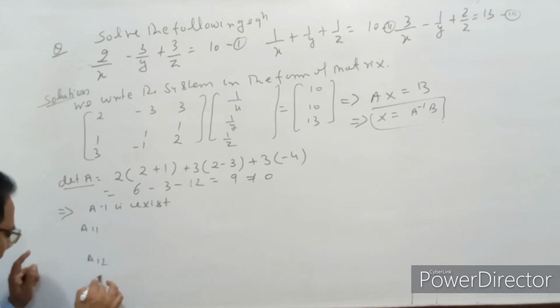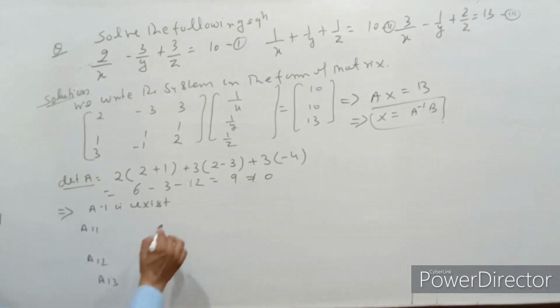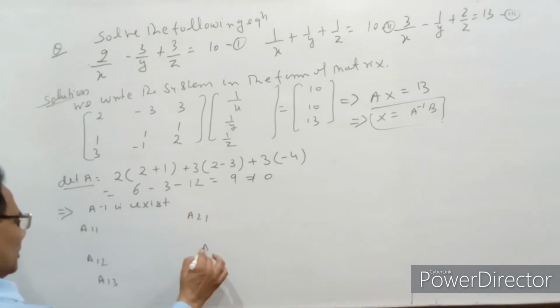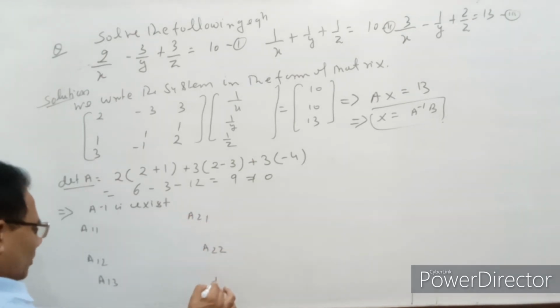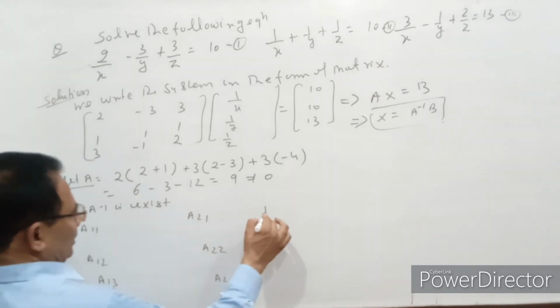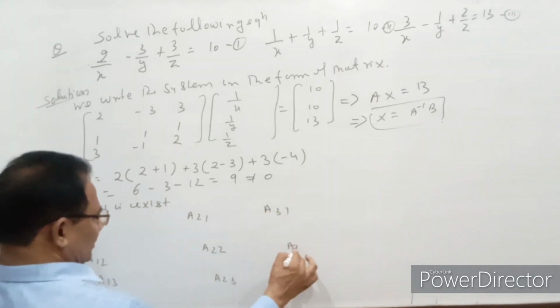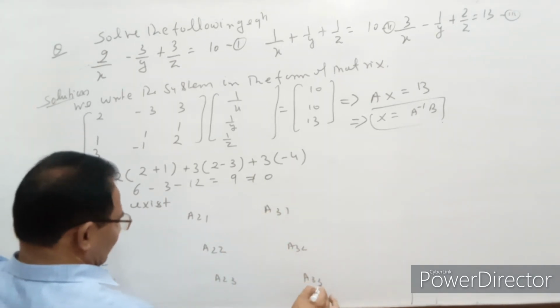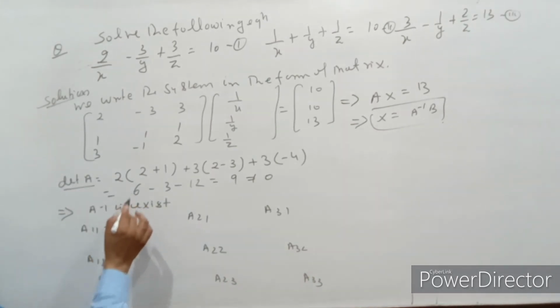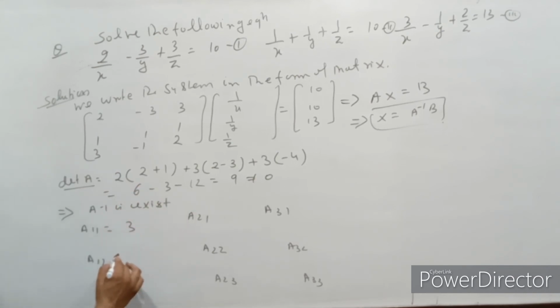We find the cofactor matrix A11, A12, A21, A22, A23, and A31, A32 और A33. अगर हम देखें तो यहाँ पर हमारे पास ये आ गया 3 और that is -1 और this is equal to -4.